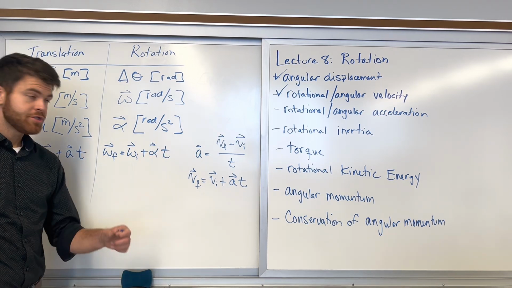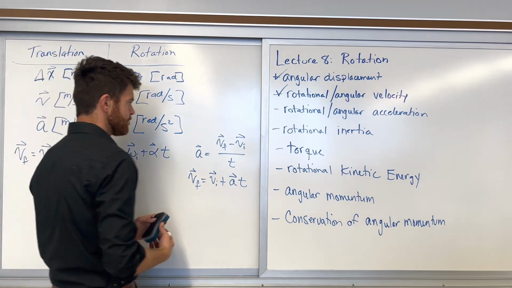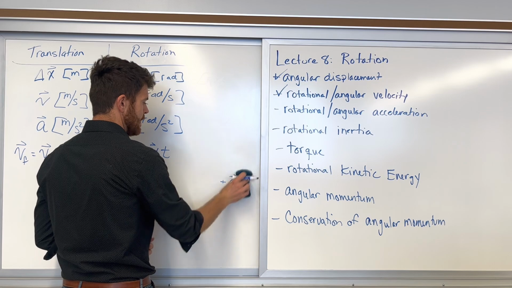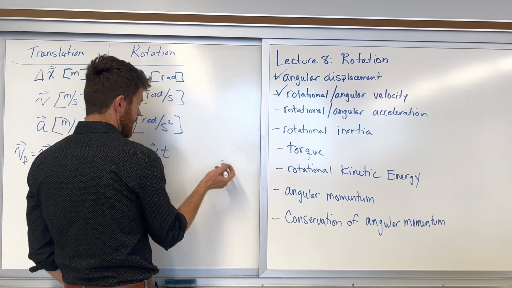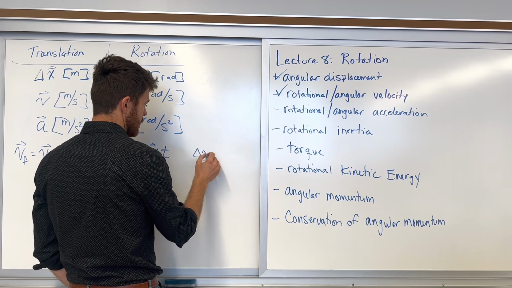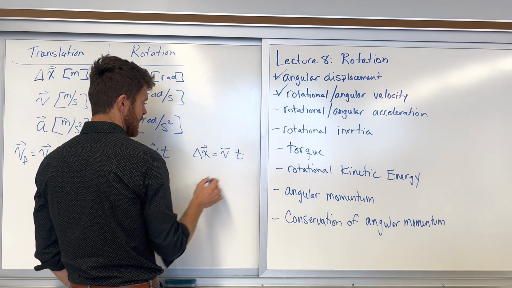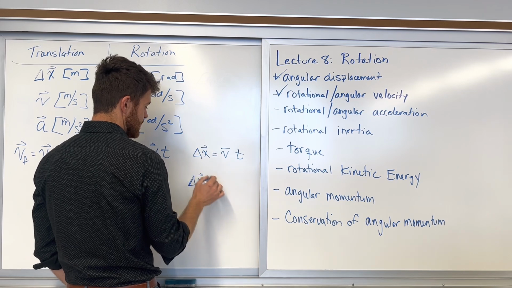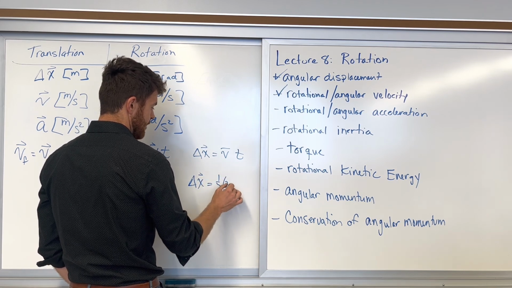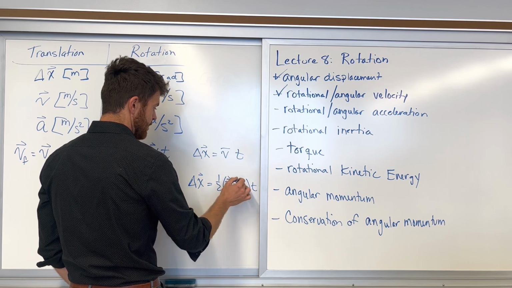Same equation, just using rotational variables instead of translational. And the equation for average velocity and displacement: delta x is equal to average velocity times time. Displacement equals 1/2 times v initial plus v final, times time.